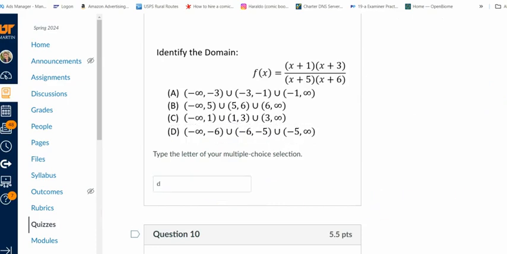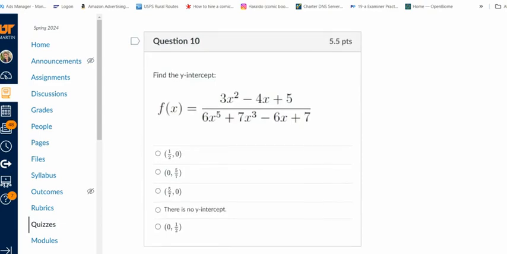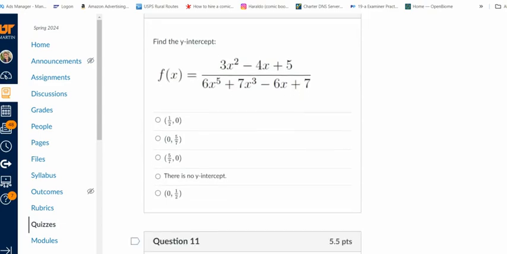Okay. Let's continue. Find the y-intercept. If we're going to find the y-intercept, then it's going to be f evaluated at 0. So everywhere there's an x, you replace it with 0.